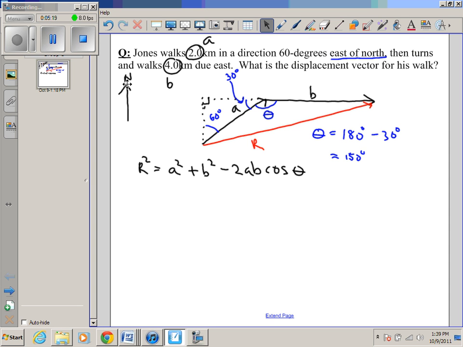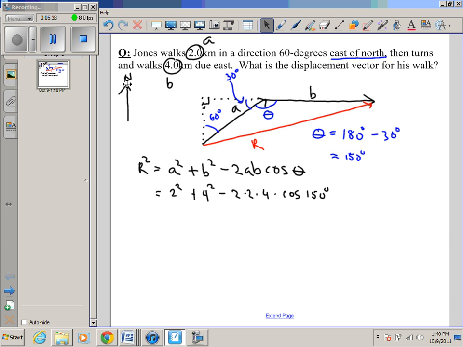So now I can go ahead and calculate r squared, or r. R squared here is going to be 2 squared plus 4 squared minus 2 times 2 times 4 times the cosine of 150 degrees. A is 2, B is 4.